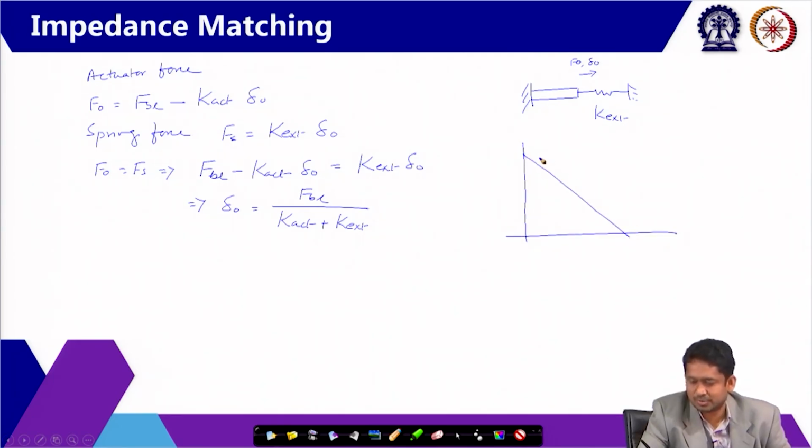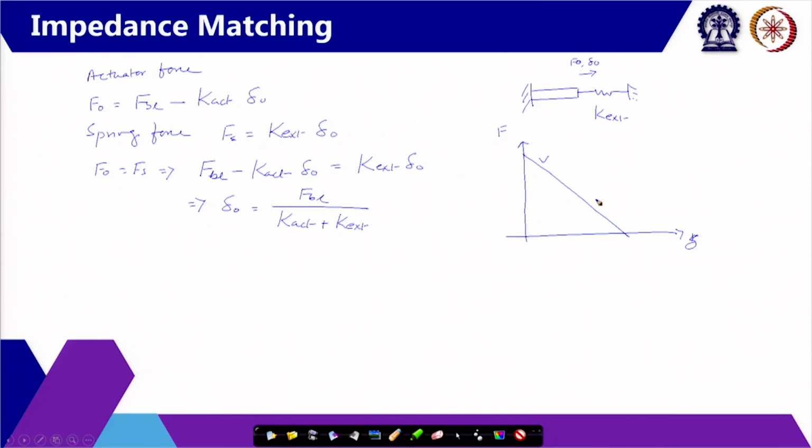So, if we are concerned with voltage V here, this is our delta axis and this is F, and this is our load line for this actuator.